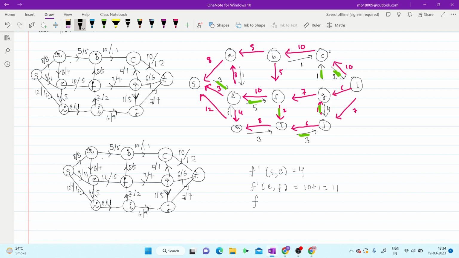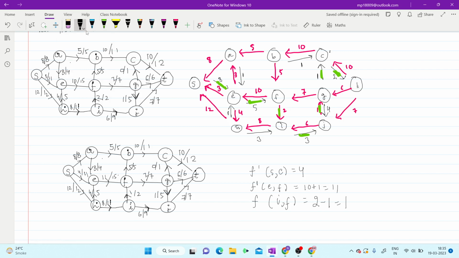So now we won't add 1, but we will subtract 1, because it is in the opposite direction. So the flow on FI will become 2 minus 1, 1. That's why we have to keep track of whether the edge is in the forward direction or in the backward direction. So this will be 1.